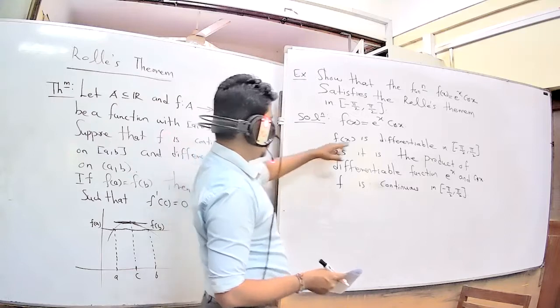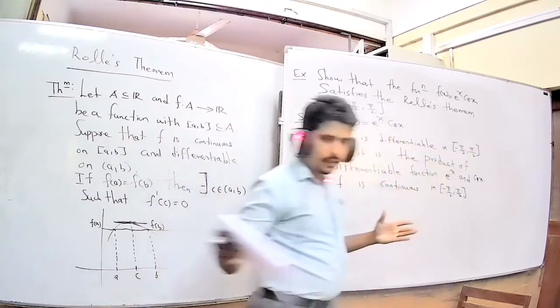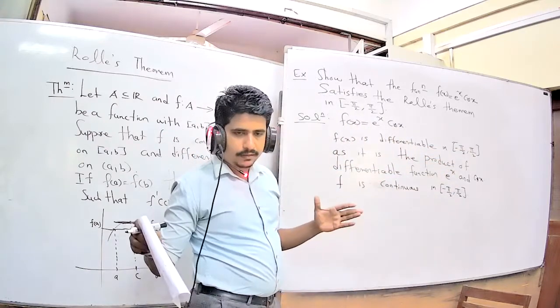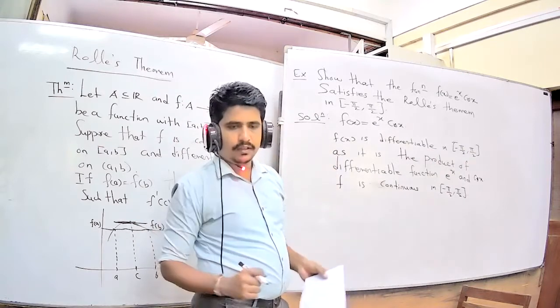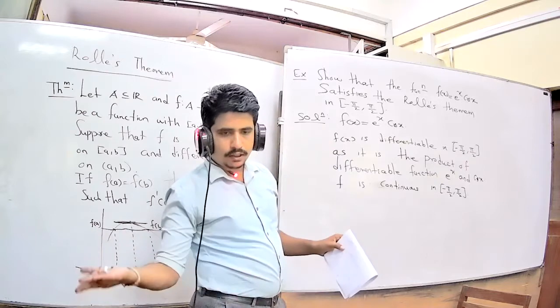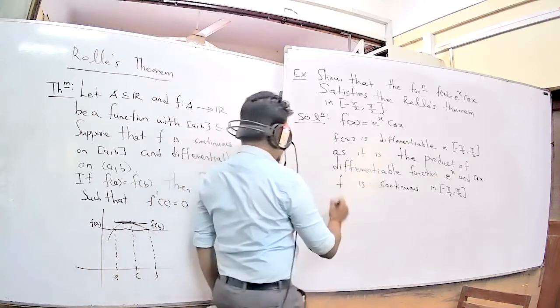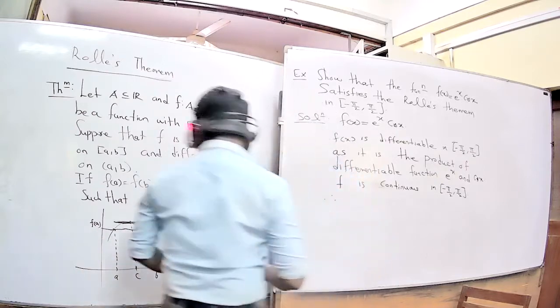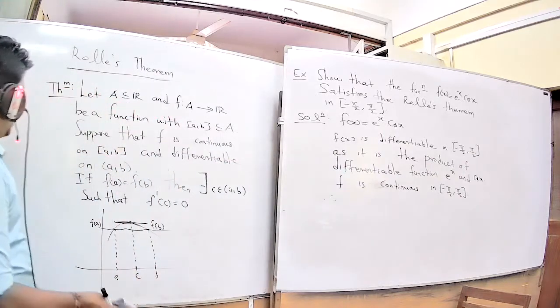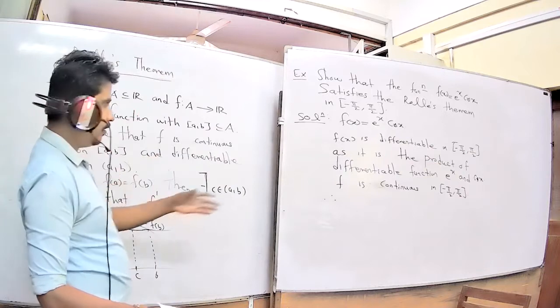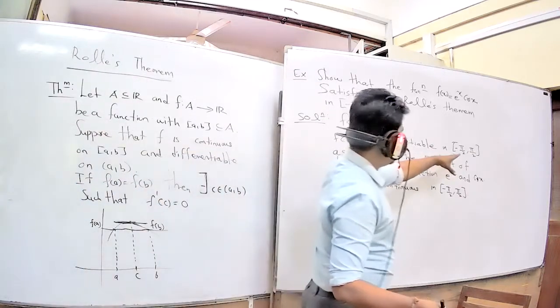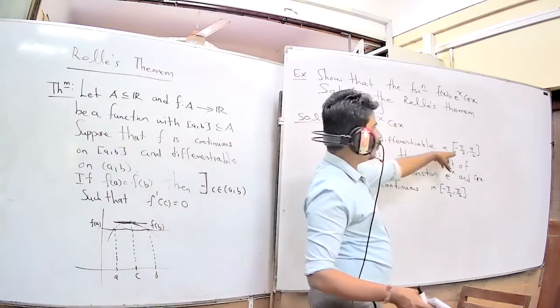You know, f is differentiable in this closed interval minus pi by 2 to plus pi by 2, which means f is obviously differentiable in the open interval, because this open interval is a subset of the closed interval. Our claim is that f is differentiable in the open interval.